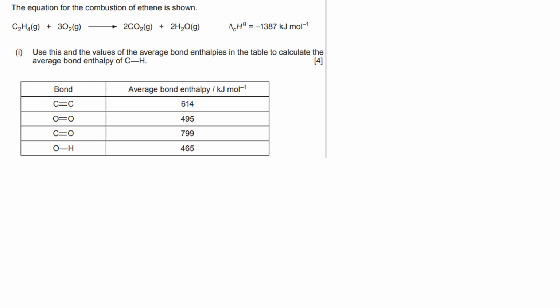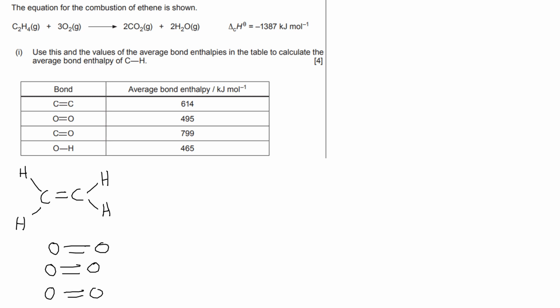Firstly, I would write out the equation so you can see all the bonds. So C2H4 must have a carbon-to-carbon double bond in it. And then you've got 3 lots of oxygen. So that's your reactants there.